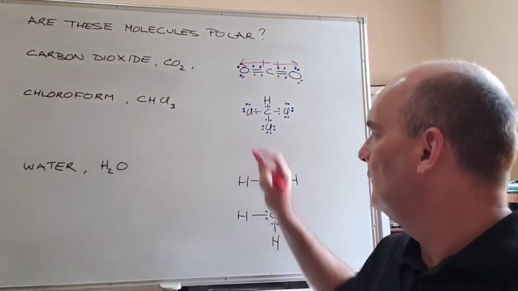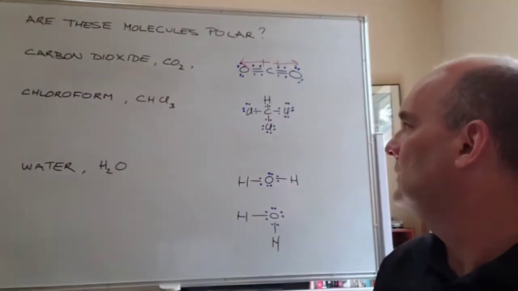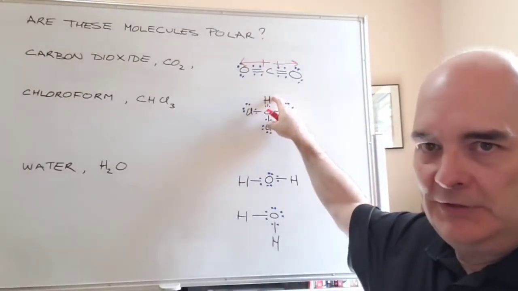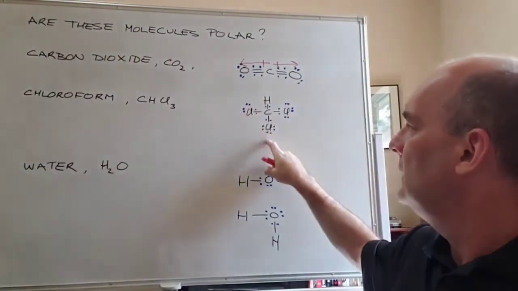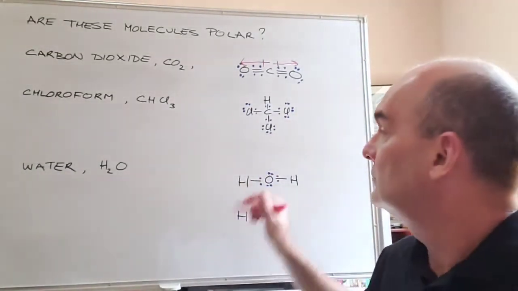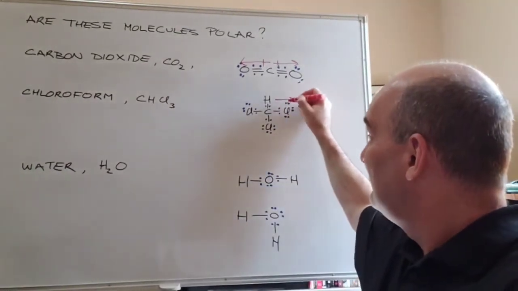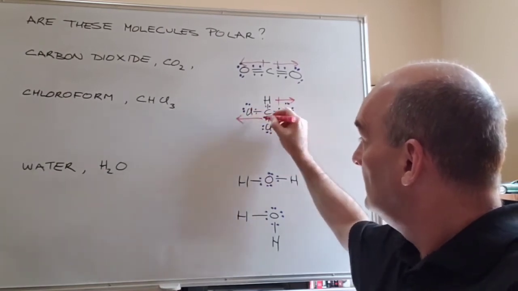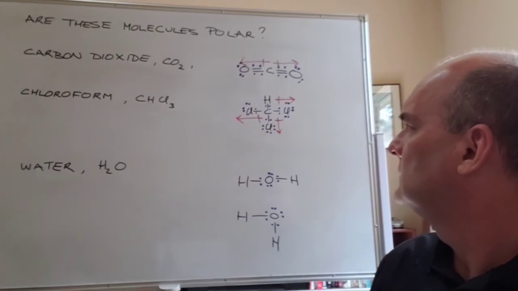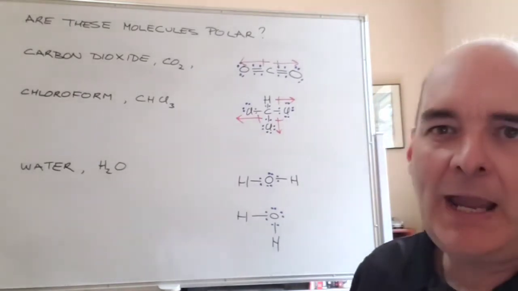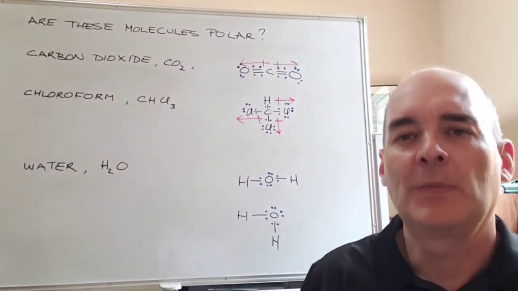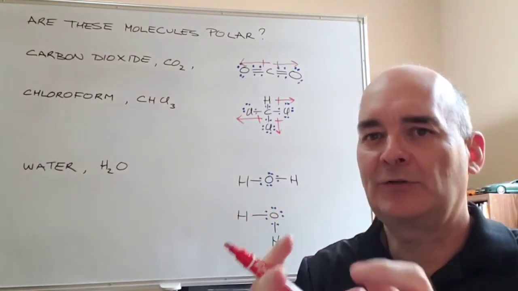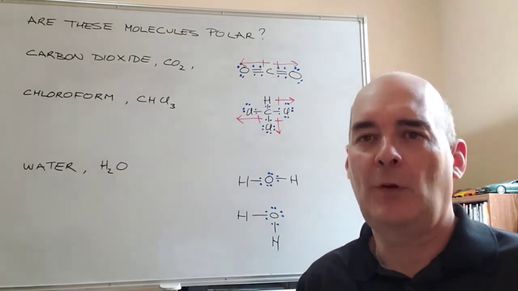If I look at chloroform, here again I have a central carbon, I have a hydrogen, which we would not consider to be electronegative, and then 3 chlorines, which are highly electronegative, pulling electrons away. So from whichever angle you view this from, the hydrogen is on the losing end here, and electrons are being pulled away from it.